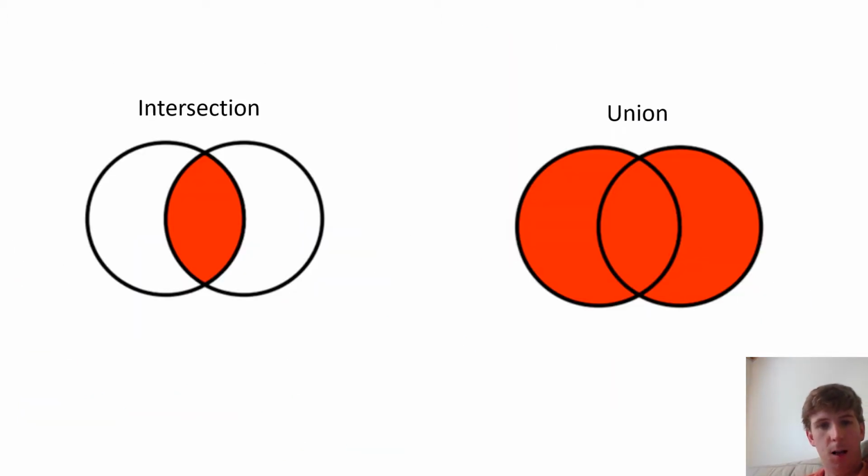All right, let's get some more vocab here. The first thing, what I was referring to in the last slide, is the overlap. That's what we call an intersection.